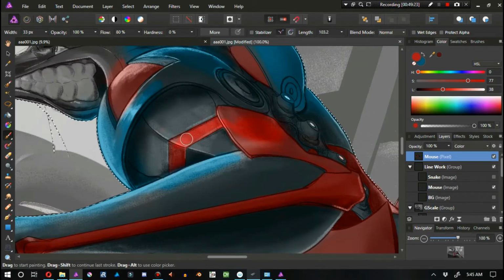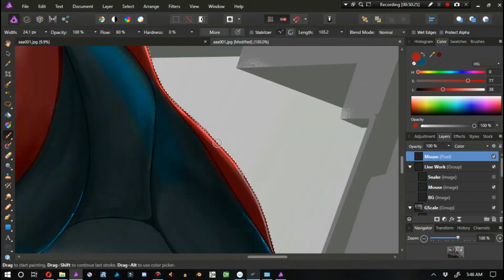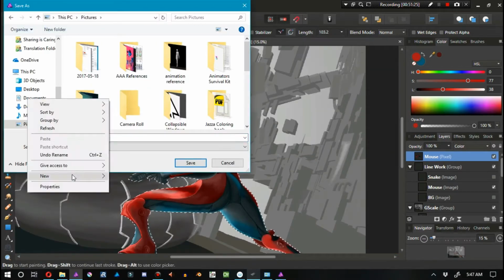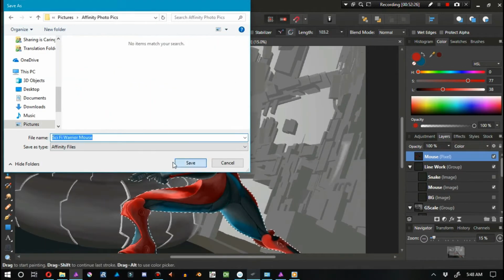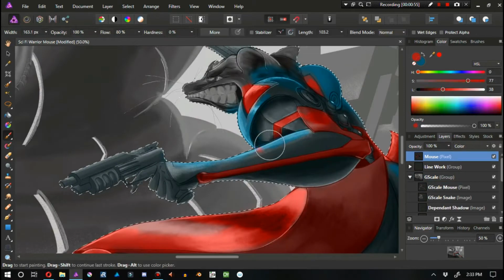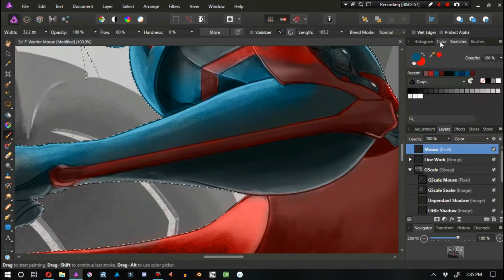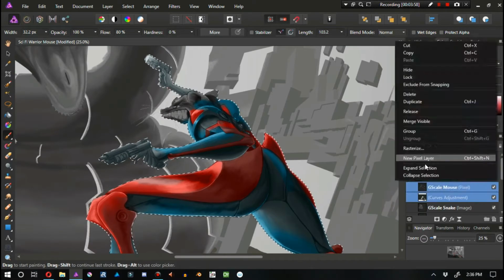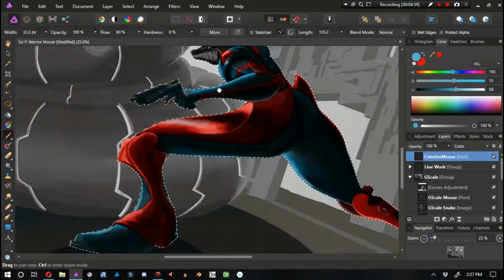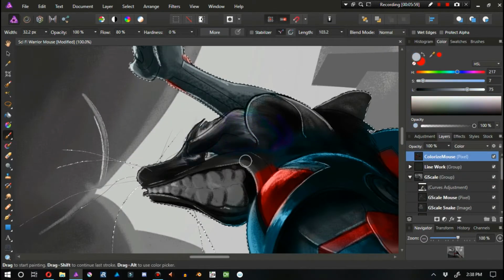And I'm not really quite sure what I think of the whole process of colorizing a grayscale image. There's a lot of things that I do like about it, but what I don't like is how the color that you select is not the color that winds up appearing on the screen, and that's pretty frustrating.